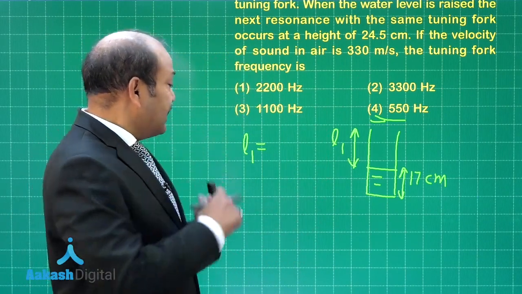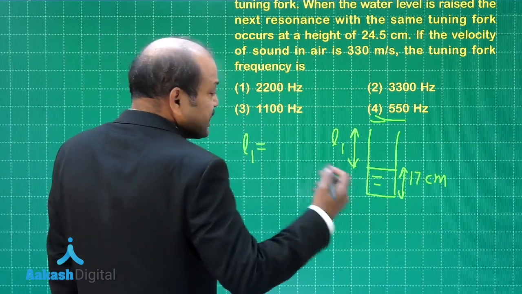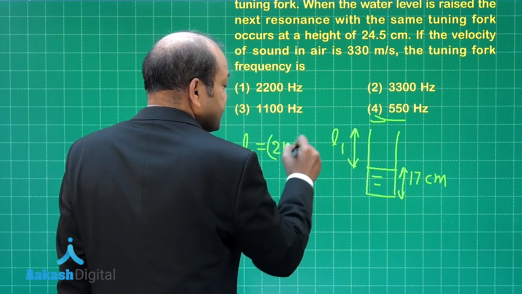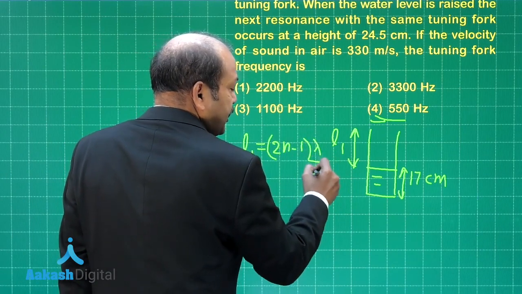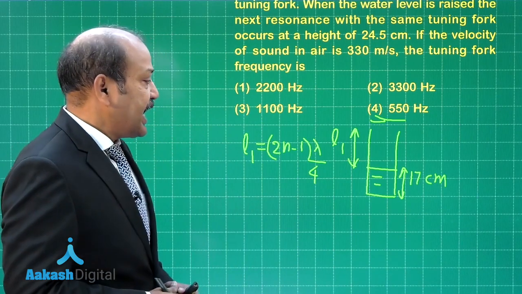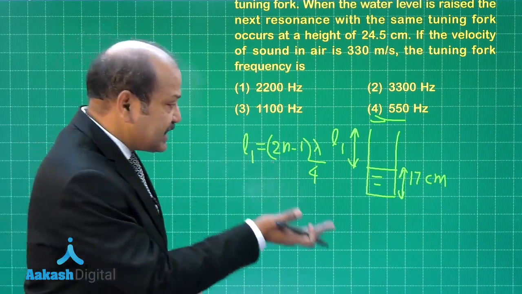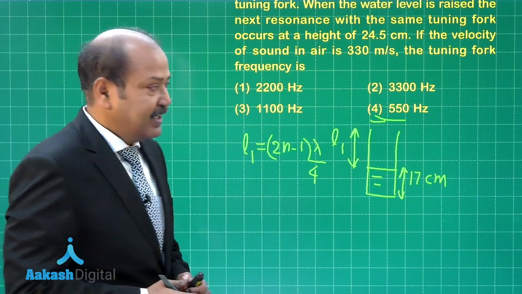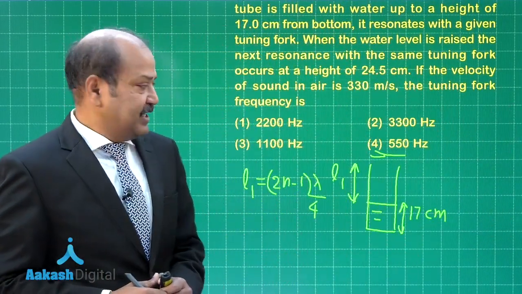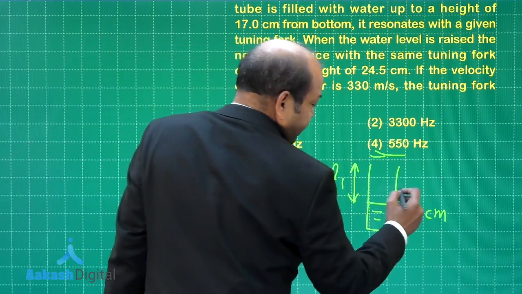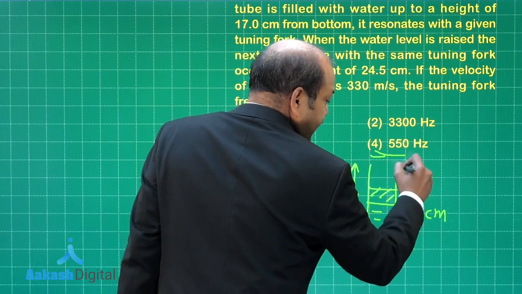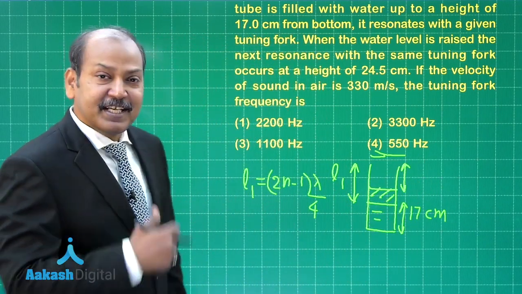So, L1 is equal to odd multiple of lambda by 4, we can write it as 2n minus 1 times lambda by 4, where n is an integer. And in the next case, as the level of water is increased, the height of water becomes 24.5 centimeter. So, in that case, the new height of the air column now becomes less than L1.